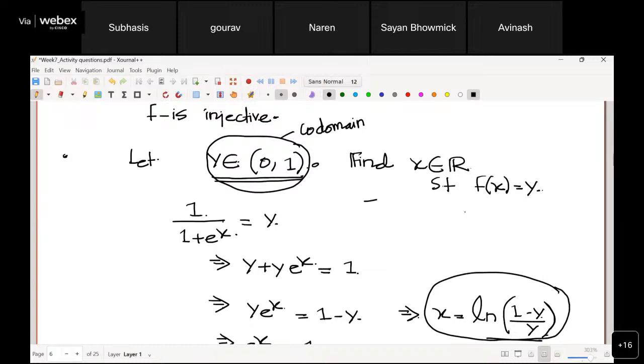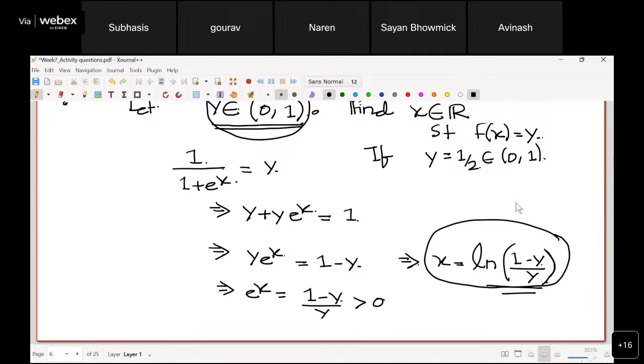So for example, if I take y equal to half in my codomain, the pre-image of half is basically ln of (1 minus half) by half, which is ln 1, which is 0. So 0 maps to half.